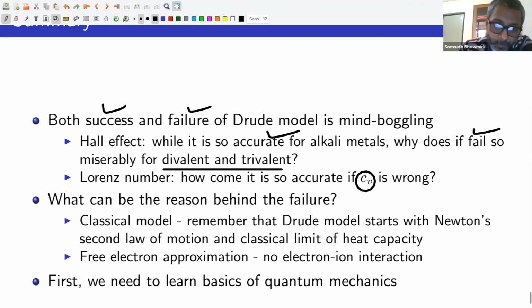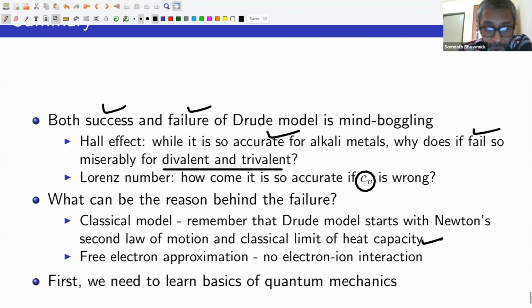But let us try to guess the reason behind the failure. There can be two sources. The first one is the classical model. Remember that the Drude model starts with Newton's second law of motion and the classical limit of heat capacity. So we have to check whether, if we apply a quantum model, we can overcome these difficulties.